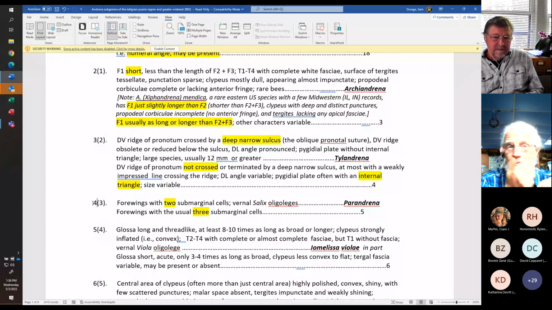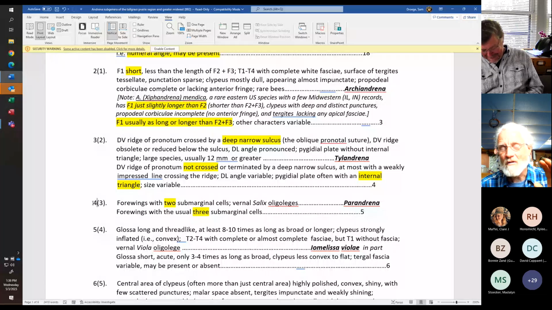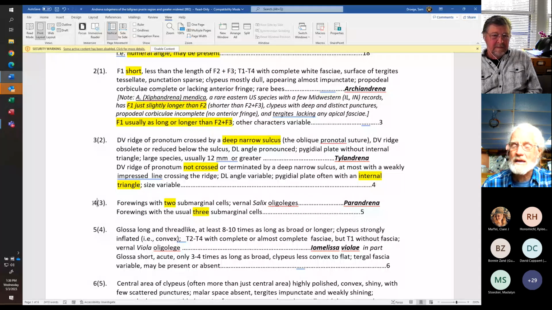So one last point would be that just because the DNA people are moving species around doesn't mean that the new groupings, let's call them, of subgenera, and maybe even entirely new subgenera, are going to be easy to key out to subgenus. These were based on morphology primarily, so it works. Even though it's tricky, it's a morphologically based one.